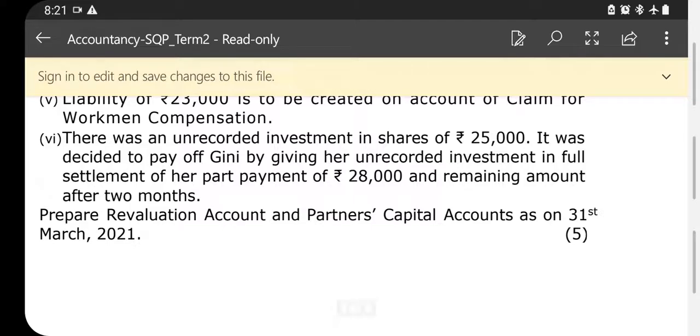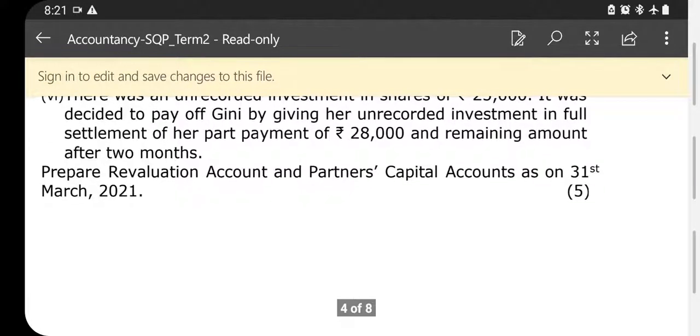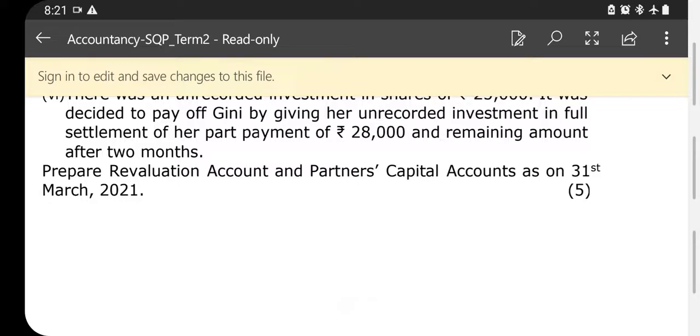Sixth point, there was an unrecorded investment in shares of 25,000. It was decided to pay off Guinea by giving her unrecorded investment in full settlement of her part payment of 28,000 and remaining amount after 2 months. Prepare revaluation account and partners capital account as on 31st March 2021, carrying only 5 marks.